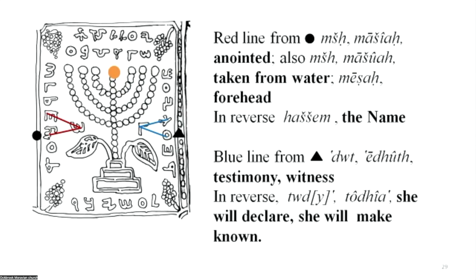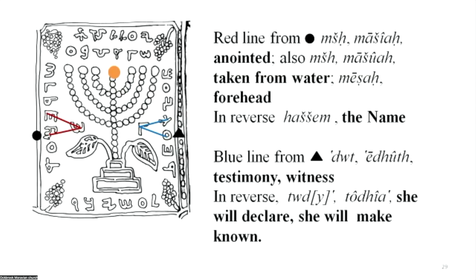And we know when they were anointed, it was on the forehead. If you read it in reverse, it is the name. So what are we told there? He's taken up from the water and he's anointed on his forehead with the name. 3 letters going around in a triangle. Isn't that fascinating? And that's how this thing works.